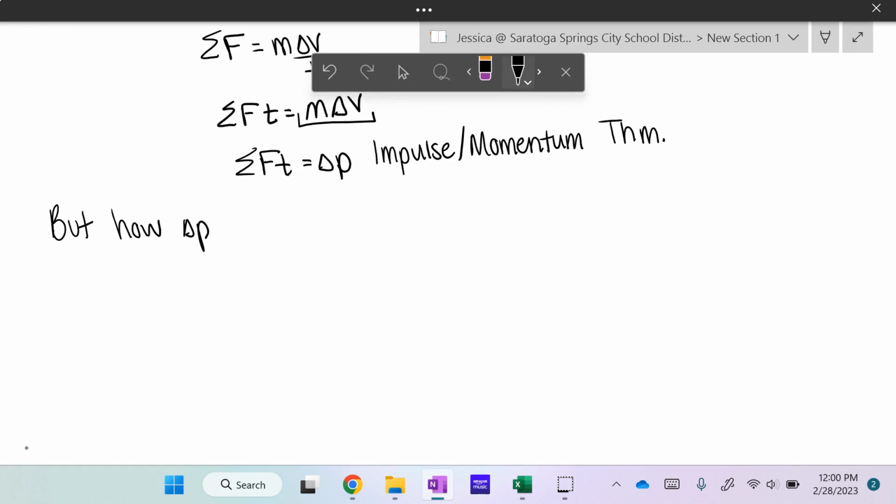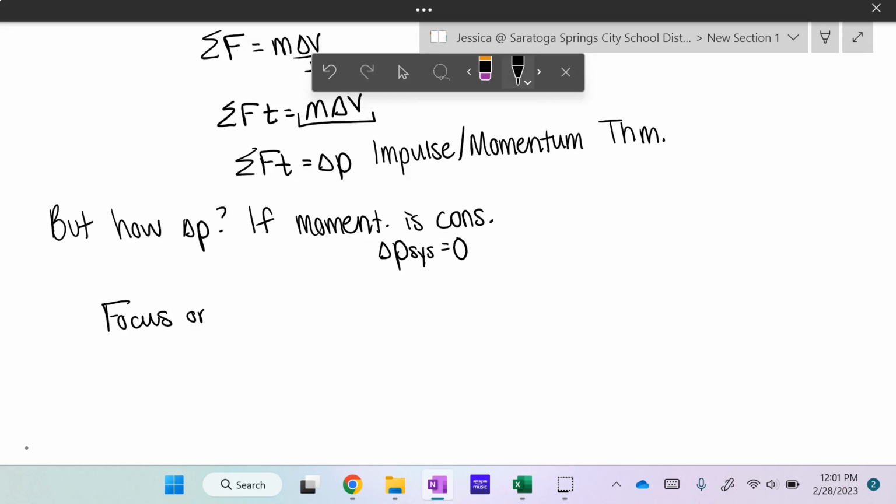Now you might be wondering, how does momentum change if momentum is conserved? We said we know momentum is conserved because the change in the momentum of the system is zero. So how do we change momentum if the change in momentum of the system is zero? Well, we're going to focus on different systems, like we did with energy.